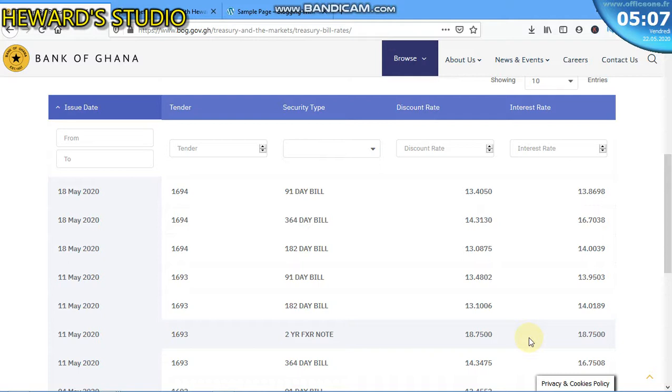If you were able to invest in Treasury this week, from the 18th to the end of this week, then this is the interest rate you are getting for your investment, and that is what I wanted to talk to you about.